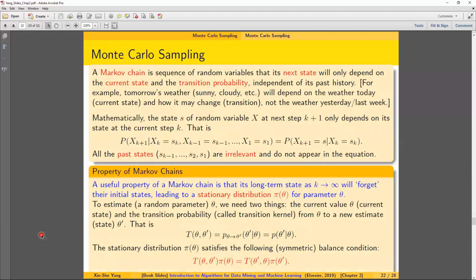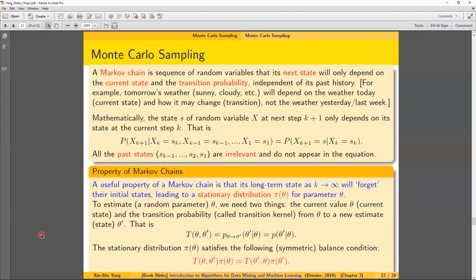Okay, now we're going to move on to something slightly different, something called Monte Carlo sampling. Before we talk about Monte Carlo sampling, you should be aware of the definition of a Markov chain. So what is a Markov chain?